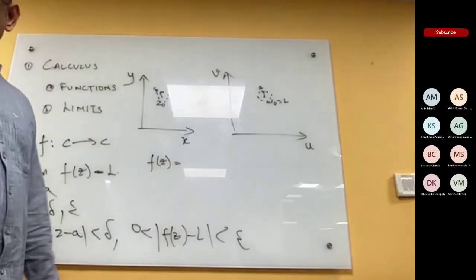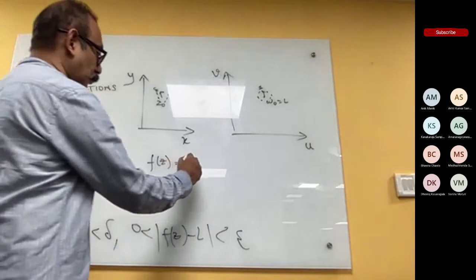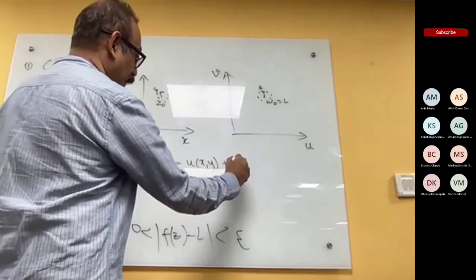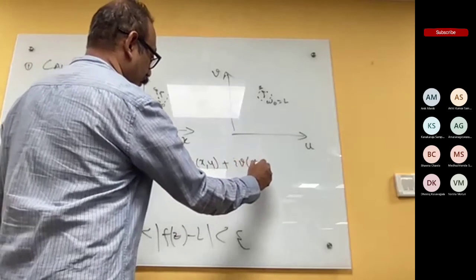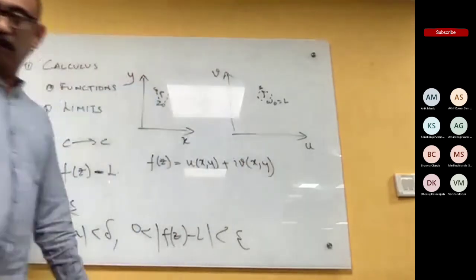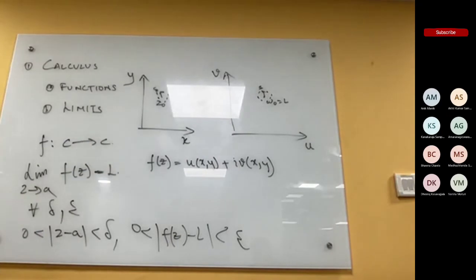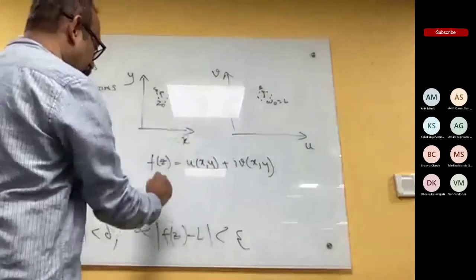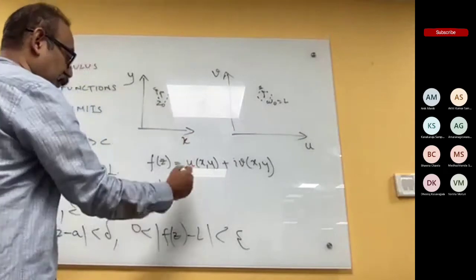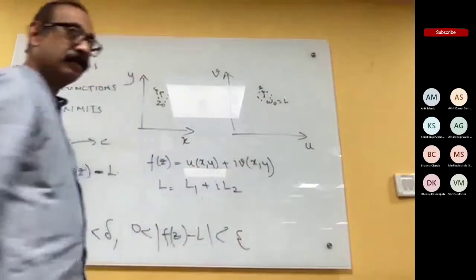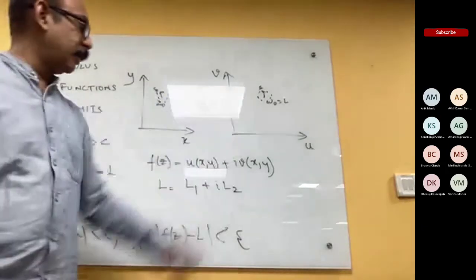It can be written as u of x,y plus i v of x,y. Correct? Similarly, L can be written as some L1 plus i L2.